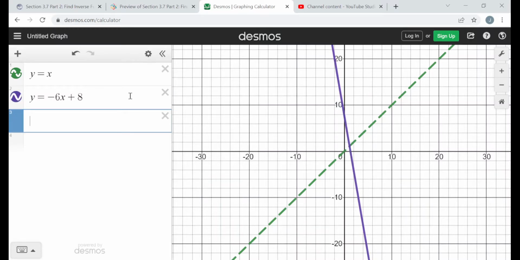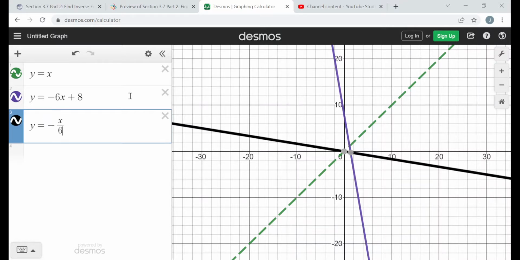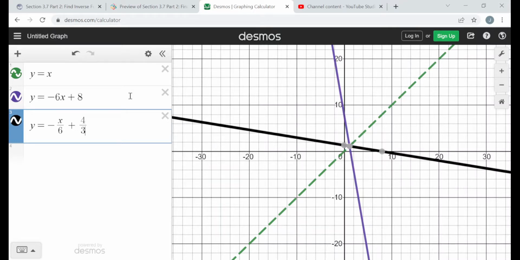There it is in purple, or whatever color you're seeing. And then f inverse, y equals negative x over 6, and then plus 4/3. And again, I hope you can see it. This purple line, this black line, every point on the purple line, you reflect it across the line y equals x, you get on the black line here.